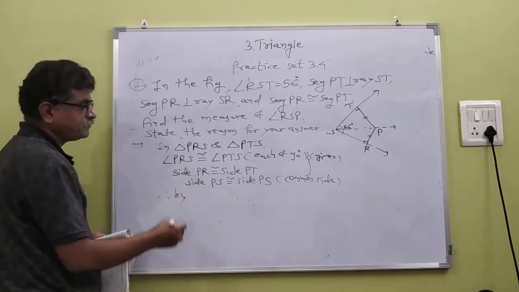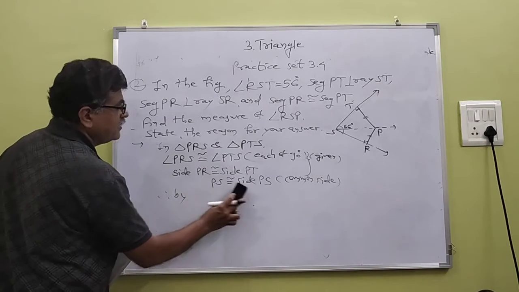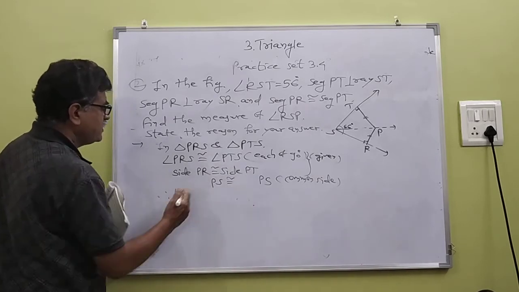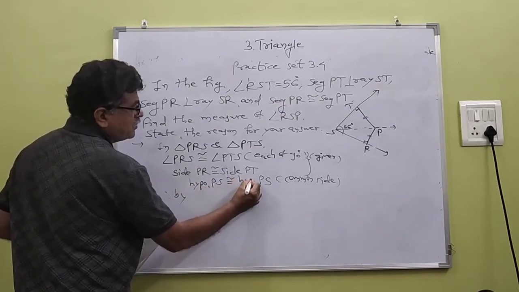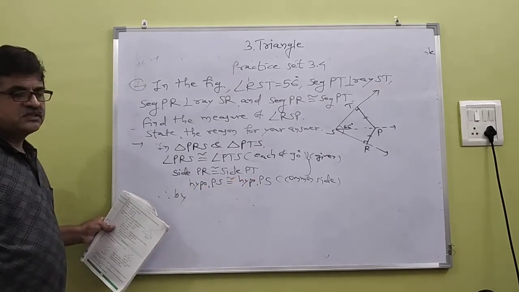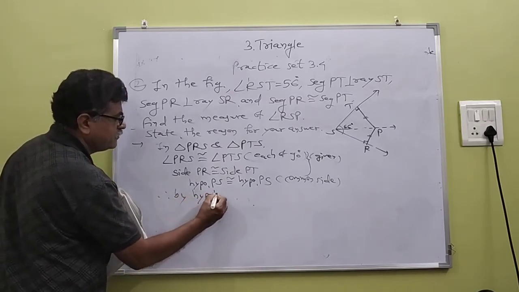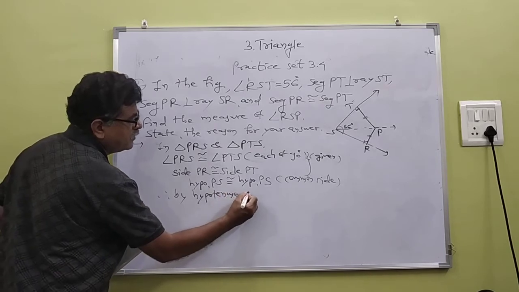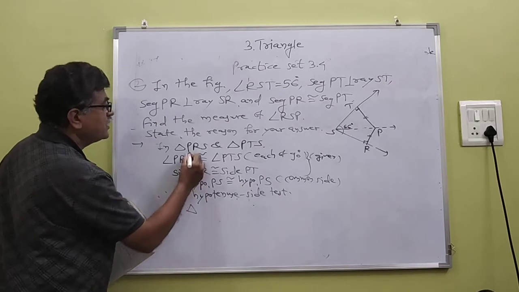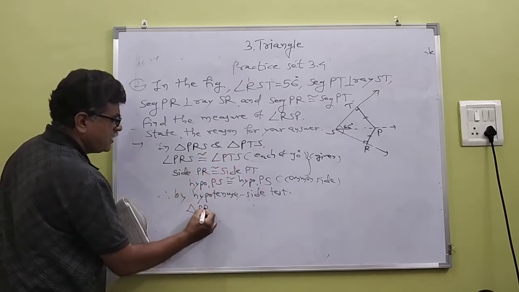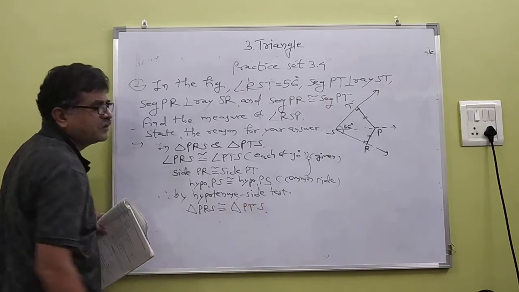Therefore, or write down, instead of side, write this as hypotenuse PS congruent to hypotenuse PS, common side. Therefore, by the hypotenuse side test, these two triangles are congruent. Triangle PRS is congruent to triangle PTS.